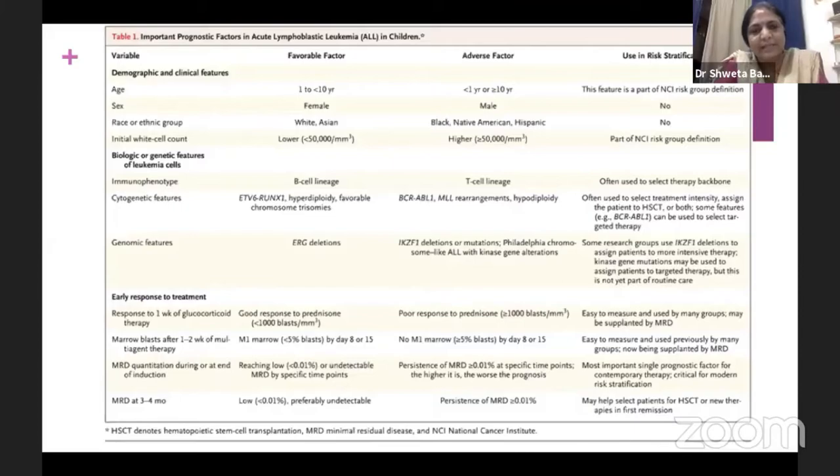So another busy slide, just to show how our risk stratification is changing. On the basis of demographic and clinical features, we are no more considering gender and ethnic groups as high risk features. We are only taking age and initial white cell count. Then immunophenotype definitely is used to select the therapy backbone.